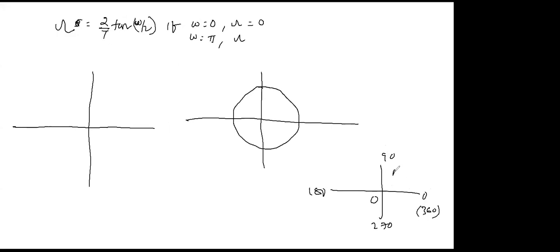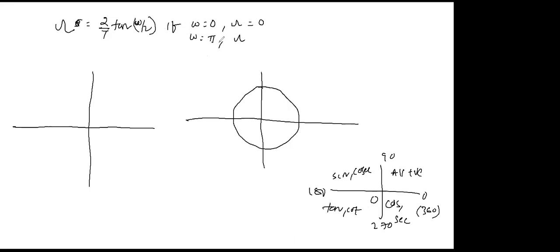In the first quadrant everything is positive, yes or not? Sine, cos, tan, cot, cosec, sec, everything is positive. In the second, sine and cosec are positive. In the third, tan and cot are positive, the rest is negative. And in the fourth quadrant, cos and sec are positive. Now see, omega equals 0 means tan 0 and omega equals pi means tan pi by 2.